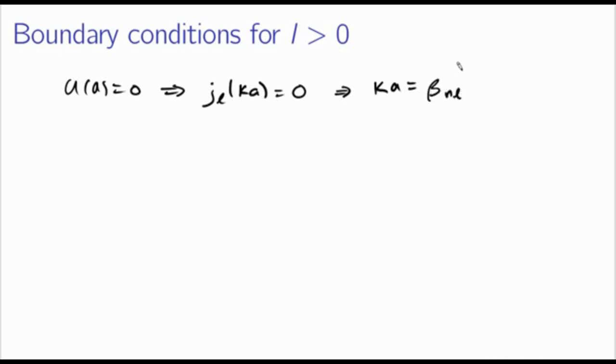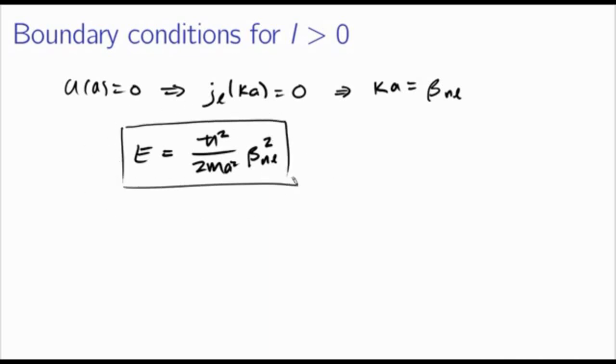It depends on two things now, not just n, it depends also on L, where this beta sub nl is the nth zero of J sub L. If you make the same sort of expansion as before, you end up with the energy of our state in this context being h bar squared over 2ma squared times beta sub nl squared.